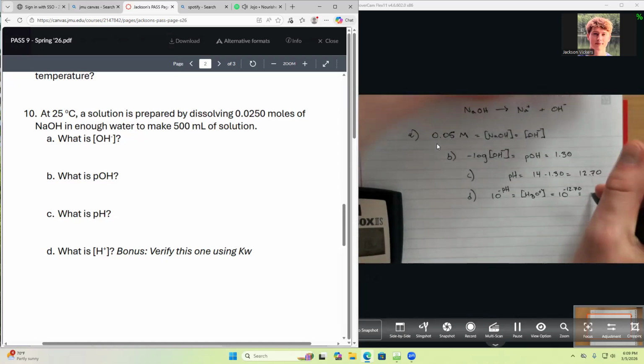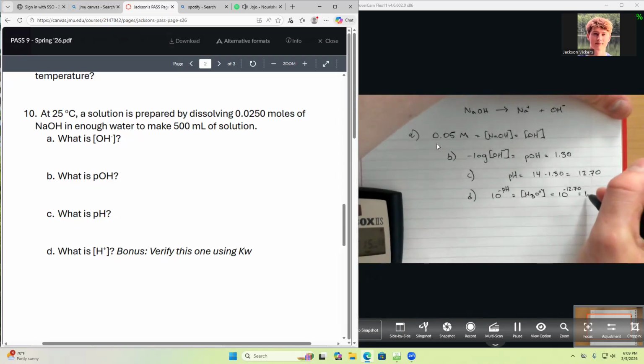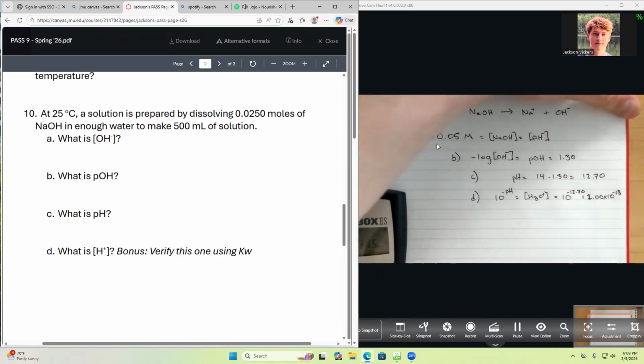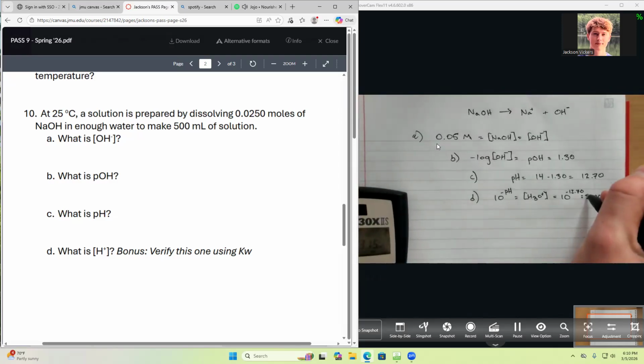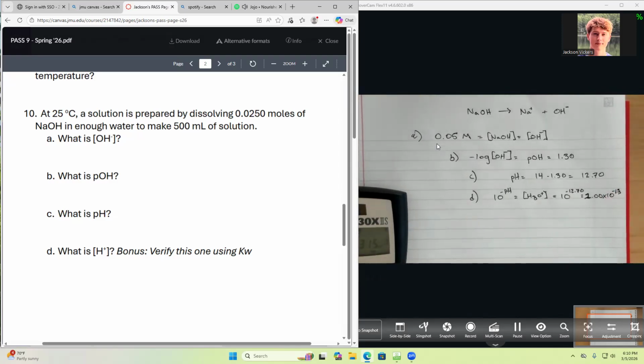And this value is approximately 2.00 times 10 to the minus 13. Now if I asked you, is this acidic or basic? That looks like a 1, it's supposed to be a 2. We have so many different ways we can answer this now.